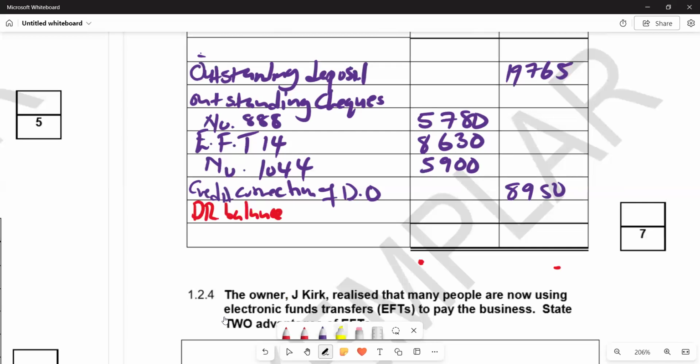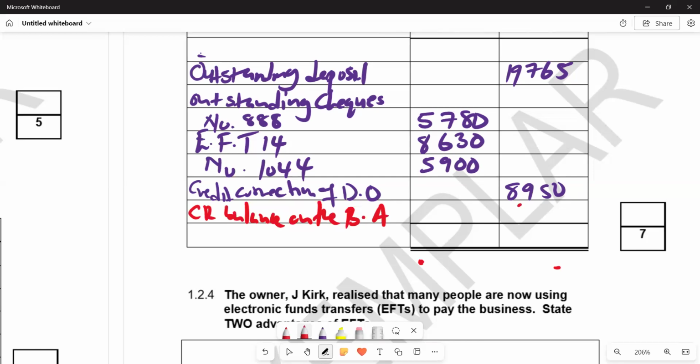We can just describe it from the point of view of the bank account. In the bank statement it will be a debit balance, but on the bank account it will be the opposite, it will be on the credit side. So we can just say credit balance on the bank account, and we put it on the credit side, there is our CD, but the BD will be on the debit.